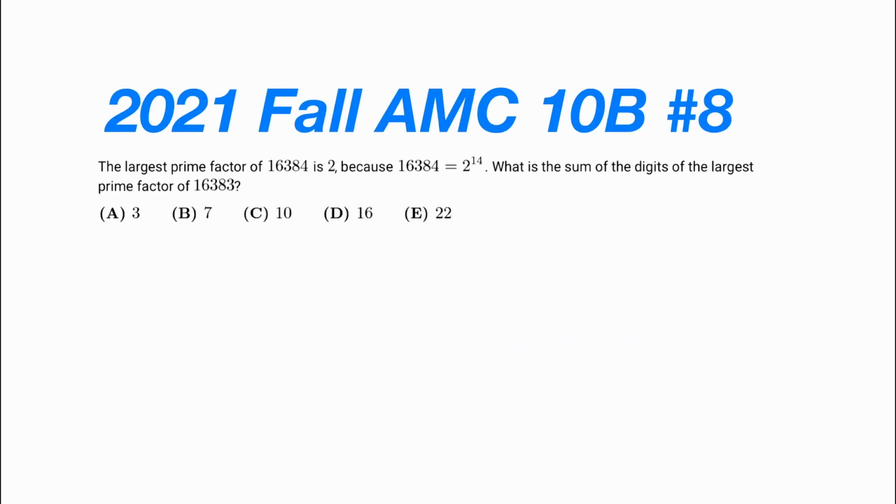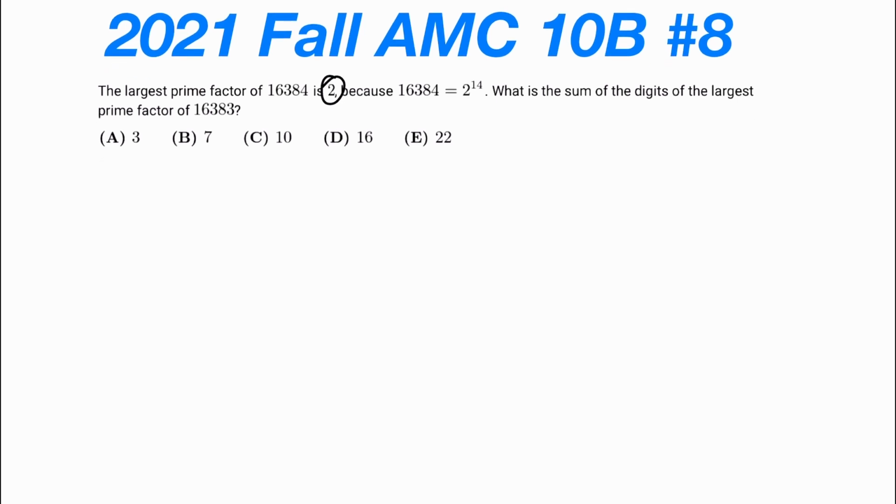Alright, moving on to number 8 now. The largest prime factor of 16,384 is 2, because that is equal to 2 to the 14, and we want to find the largest prime factor of 16,383. 16,383 is equal to 16,384 minus 1.